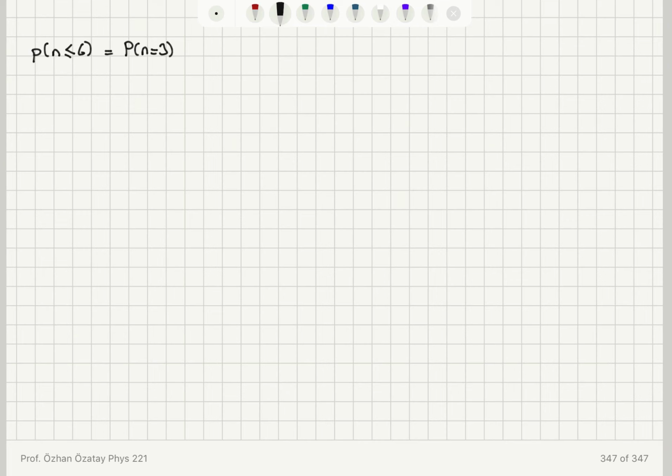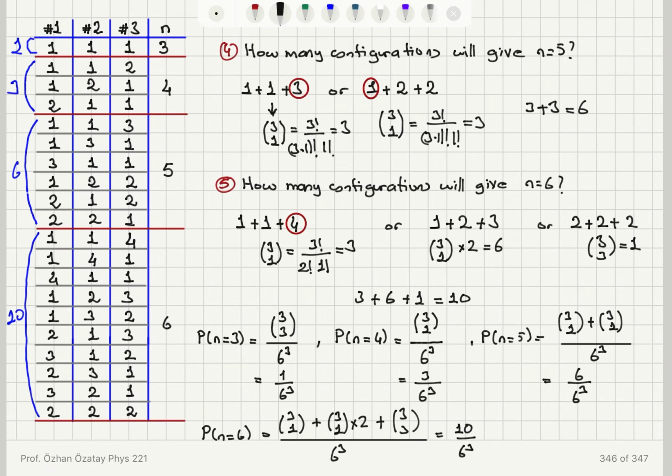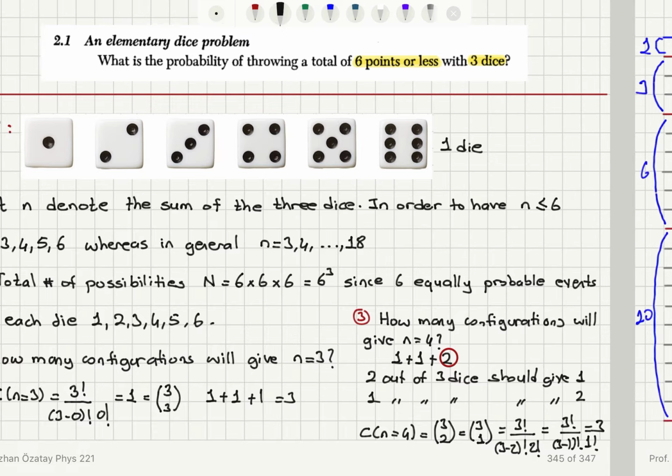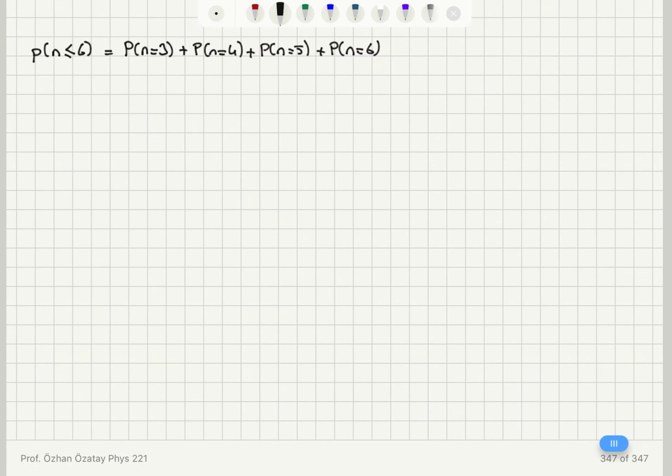So n can be 3, or n can be 4, or n can be 5, or n can be 6. And we have to add these probabilities because it's an or statement. So we have this one, or that one, or that one, or that one. So that basically is going to go through all possibilities here.